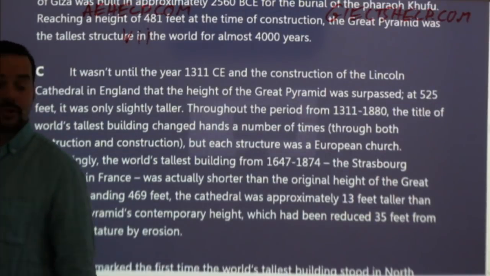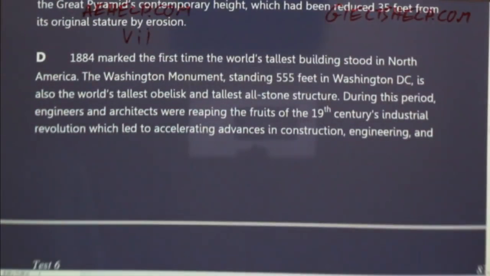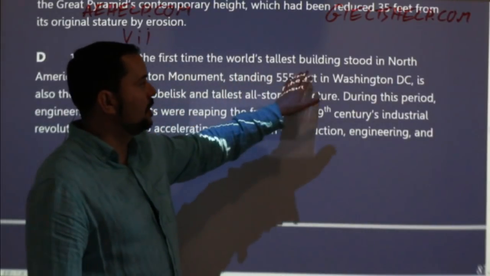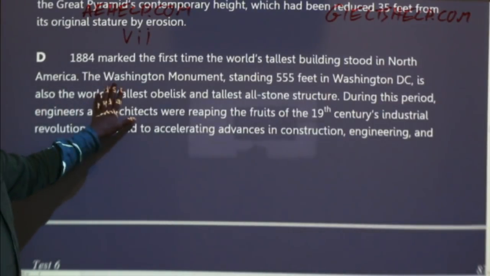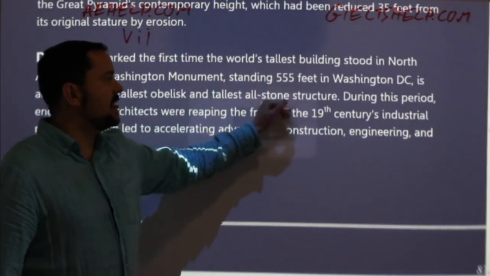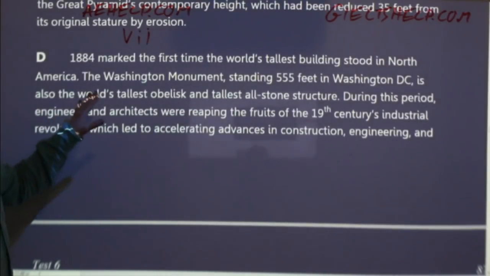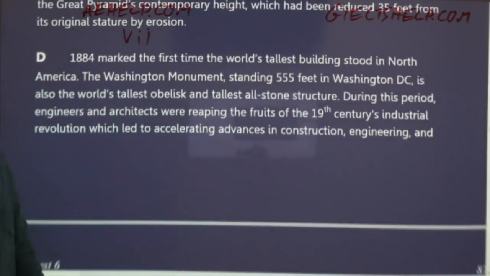Okay, let's do paragraph D. Bear with me. Let's read this one. 1884 marked the first time the world's tallest building stood in North America. The Washington Monument, standing 555 feet in Washington, D.C., is also the world's tallest obelisk and tallest all-stone structure.